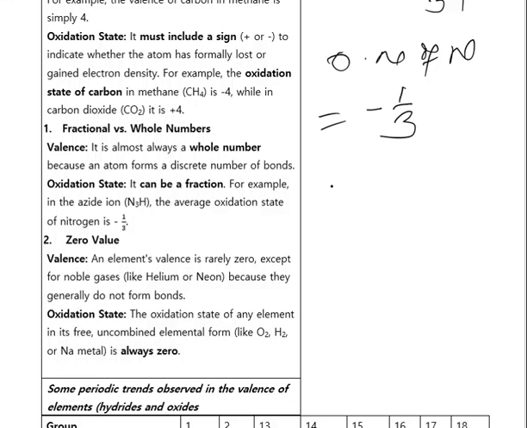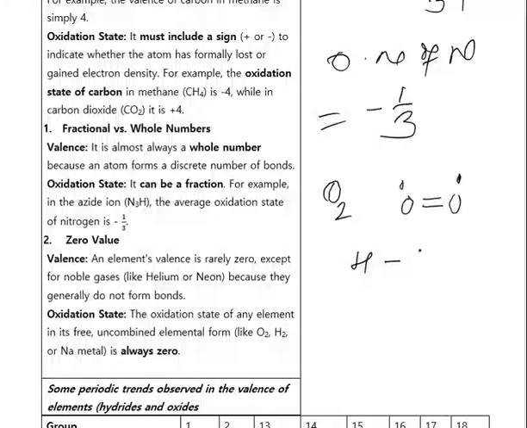Suppose we are considering the oxidation number in O2. Both oxygen atoms have the same electronegativity, so which should be given minus, which should be given plus? None. So in that case, the oxidation number of each atom is 0.